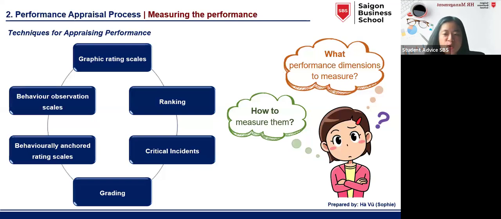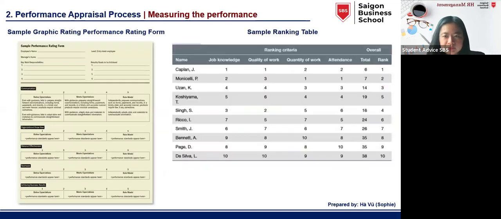We will begin by exploring graphic rating scale, which is widely used due to its simplicity and adaptability. So, graphic rating scale, or GRS, is one of the most popular methods for evaluating employees' performance.